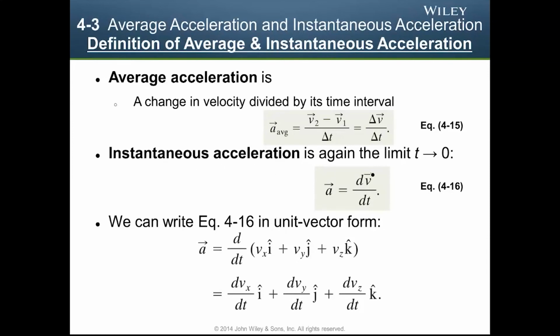The only difference is before it was dx/dt, and that gave us the instantaneous velocity. So now, so you don't get this confused, because there's a little dot there, we're just doing the acceleration. You plug in the velocity this time, take the derivative with respect to time, and you're going to get this acceleration. Same deal, you can break it up into components.